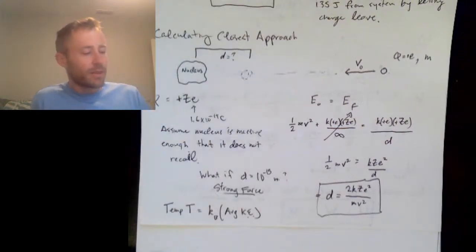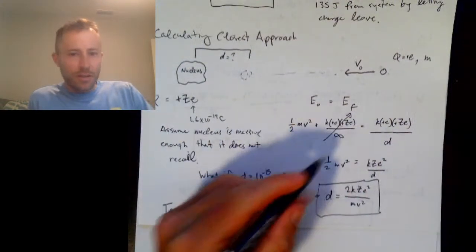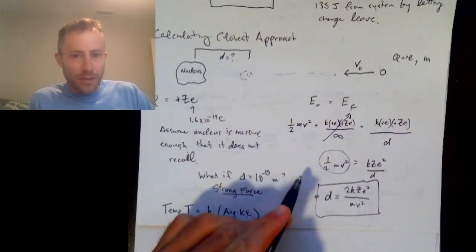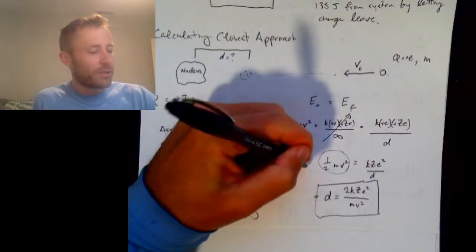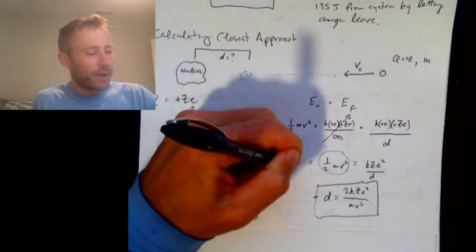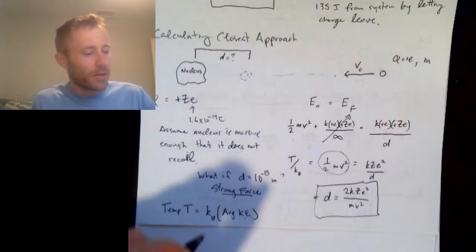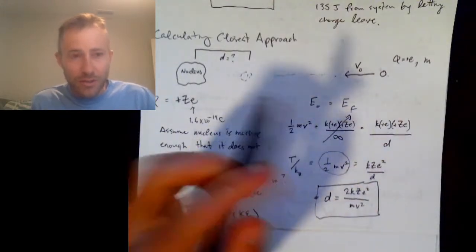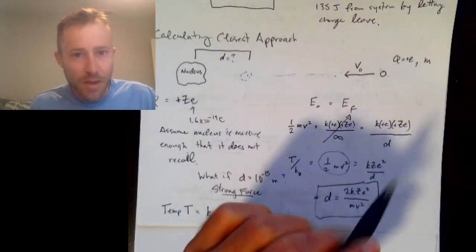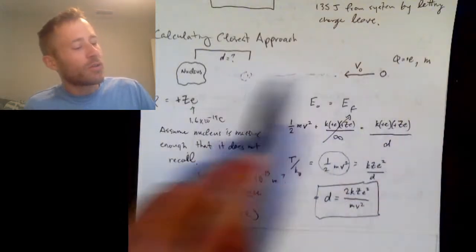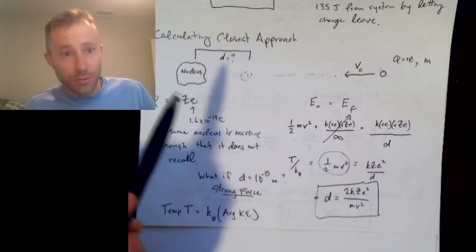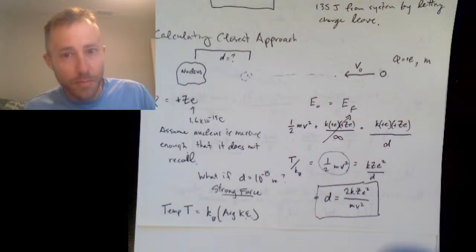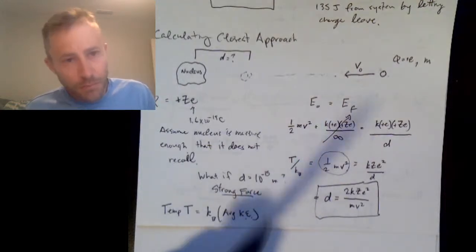All right. So basically, on the left-hand side here, instead of kinetic energy, we could replace that with temperature divided by Kb. All right, and we could solve for the temperature, which would then tell us the temperature that is needed for the particle to get close enough to cause fusion. So you can estimate the temperature for fusion to occur using this equation.